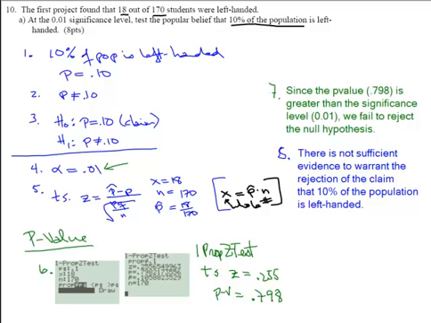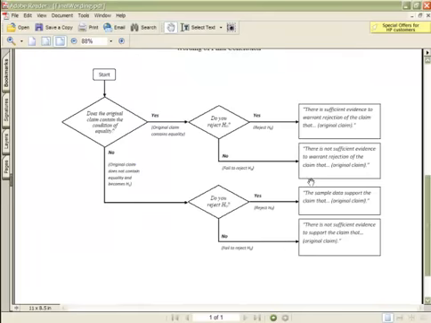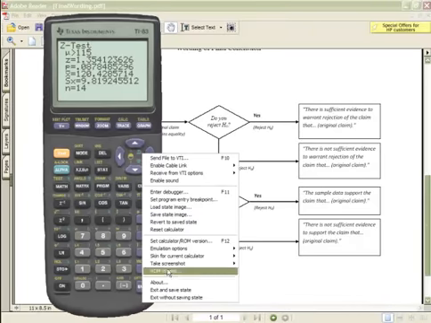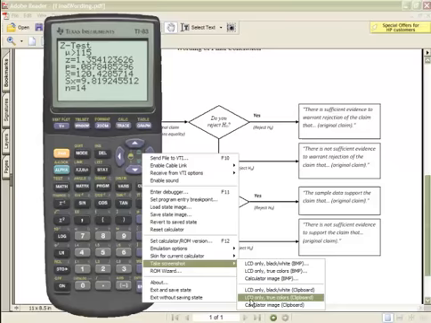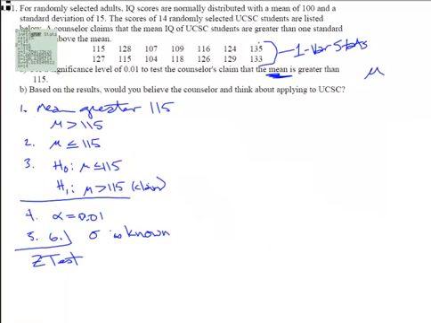Let's find our calculator again. The calculator seems to always disappear here. Okay, let's put it in the notes and place it down here.